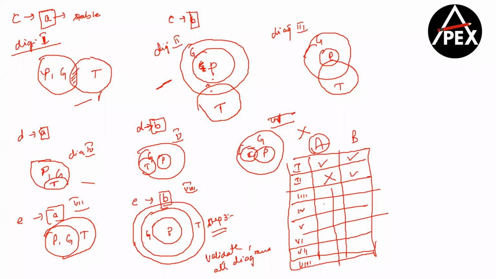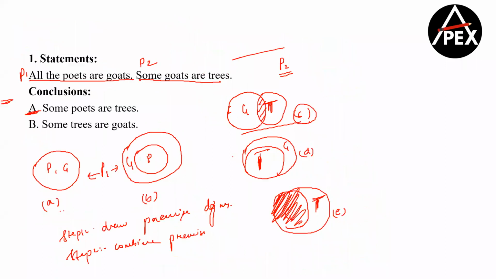We are combining E with B. Now, look, E with B, that means B should be stable. That means I'll draw B first. How is B? There's P and then there is G outside, correct? And what am I combining with? I'm combining it with T. Sorry, E. Let me use the eraser and take this part off.